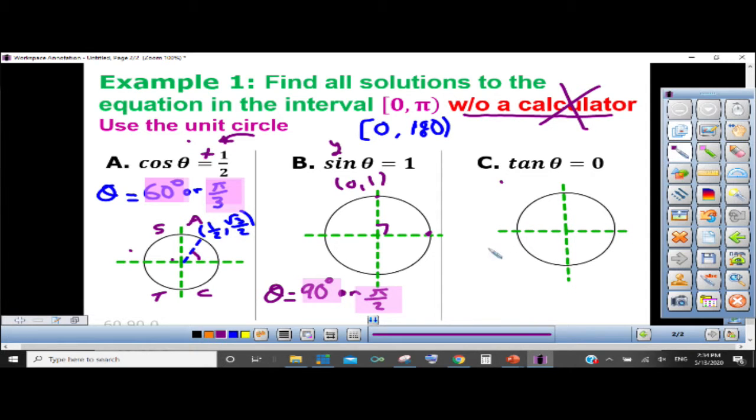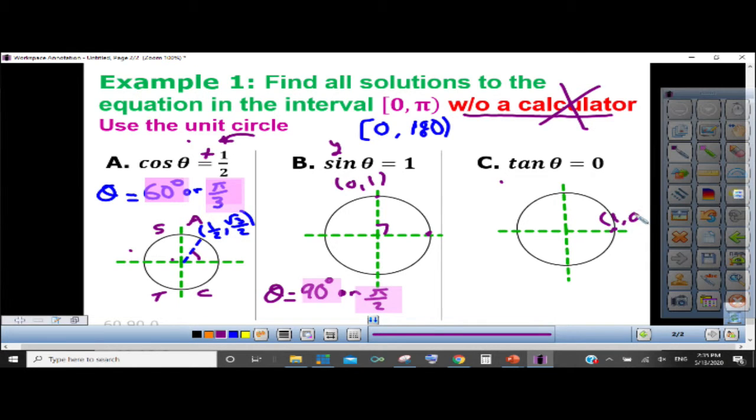So tangent is 0. Now I have to think again. What's the point here? Well, this point is 1, 0, and this point is 0, 1. And this is 0, -1, and this one is -1, 0.